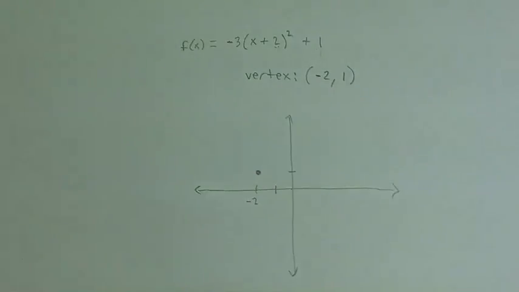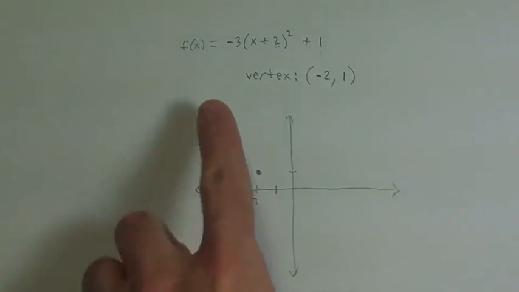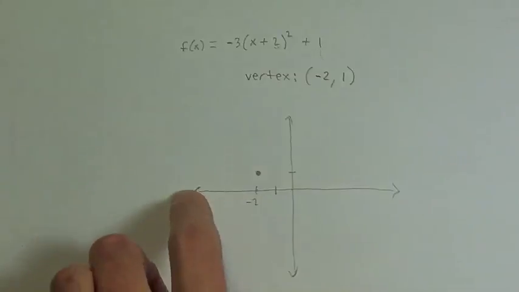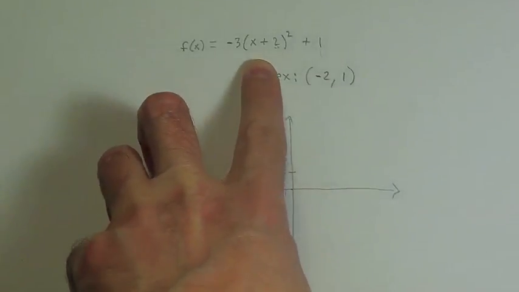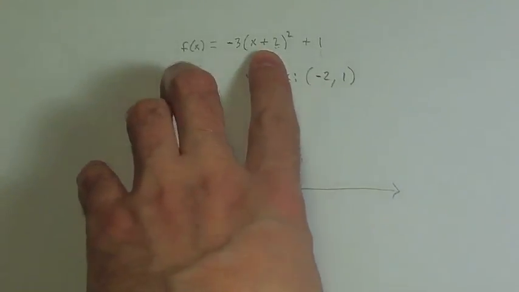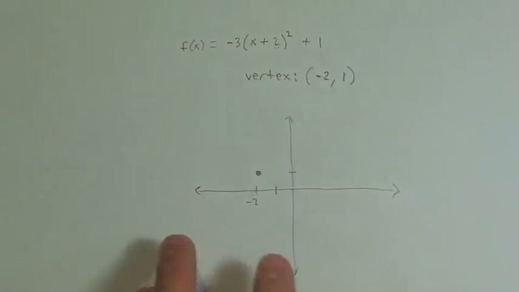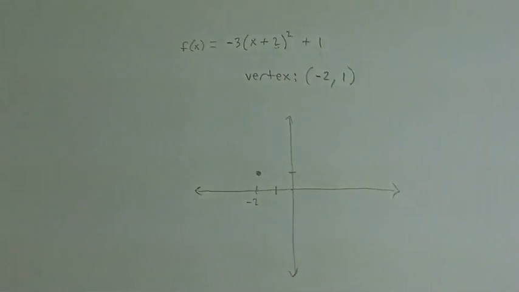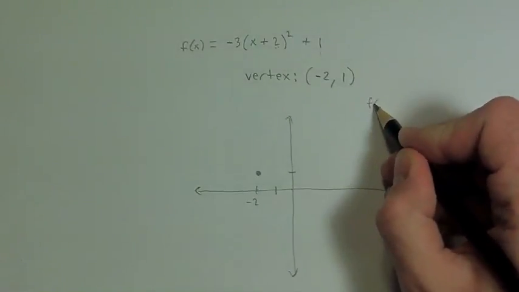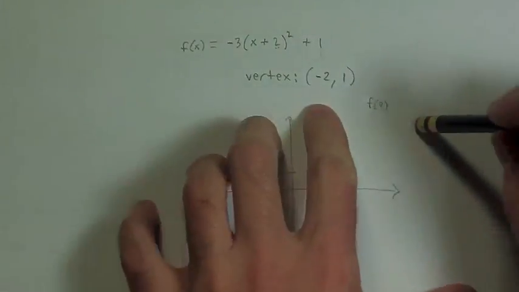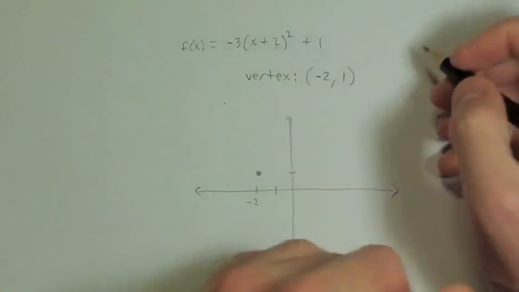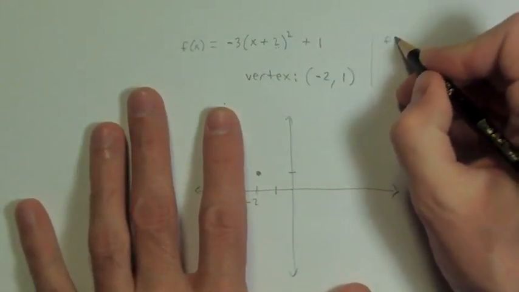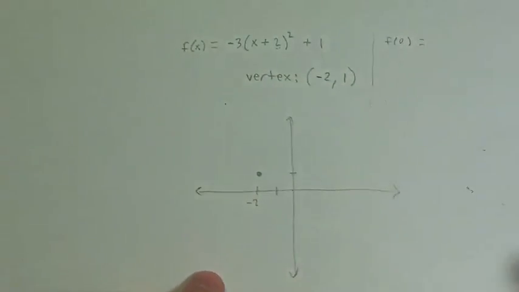Now I need to find whether or not I'm opening upwards or downwards. So a couple ways we could do this. We could plug in 0, or just plug in any other x value and see what we get. I like to plug in 0 when I can. 0 is always a nice value to plug in. So let's plug in 0. I'll do it over here, up out of the way from everything else.